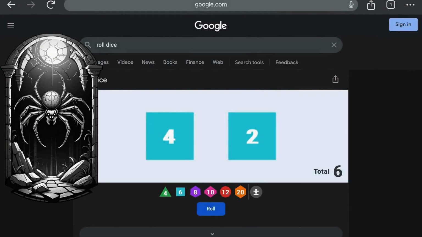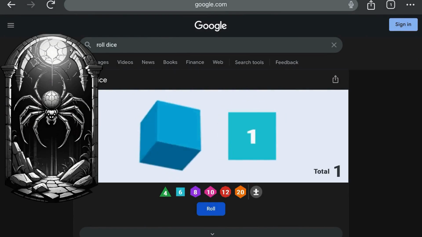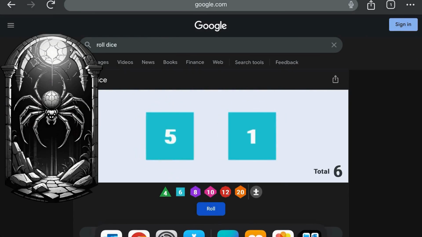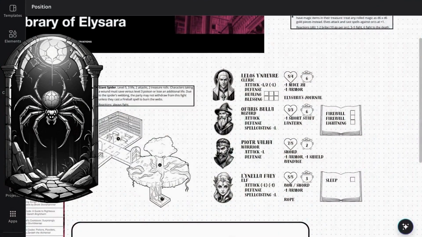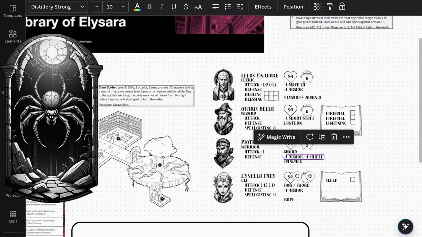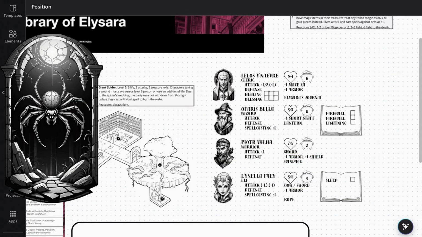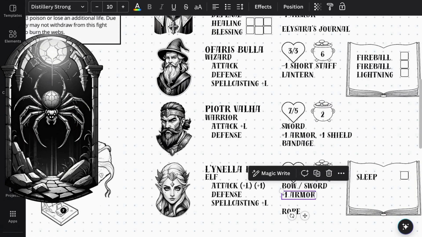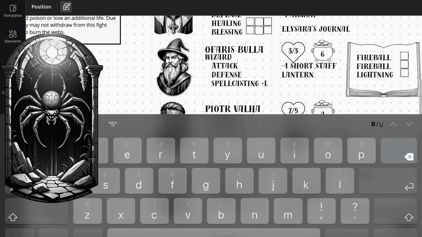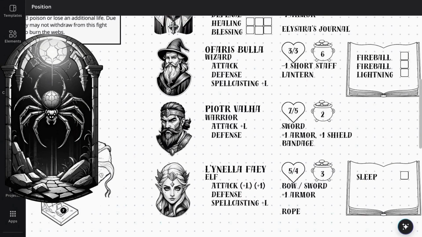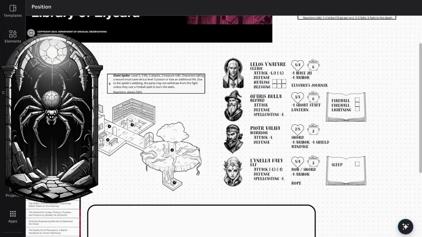Let's do the 2 rolls in the same row. Oh, 5 and 1. Okay, Piotr defended successfully because it is 7 in total, but Linella couldn't save herself. I mean, she lost 1 health point. So now we can attack.